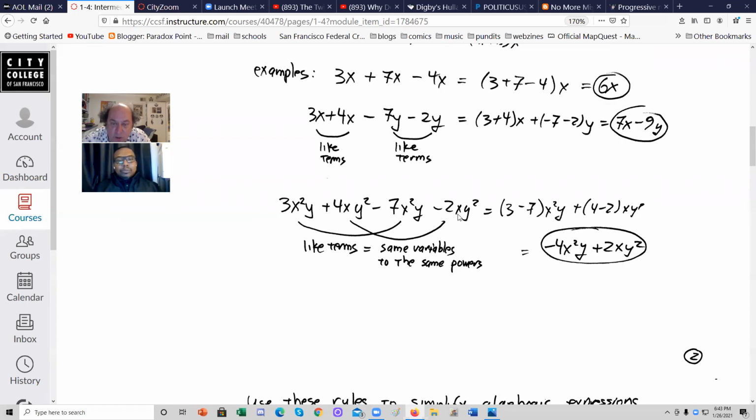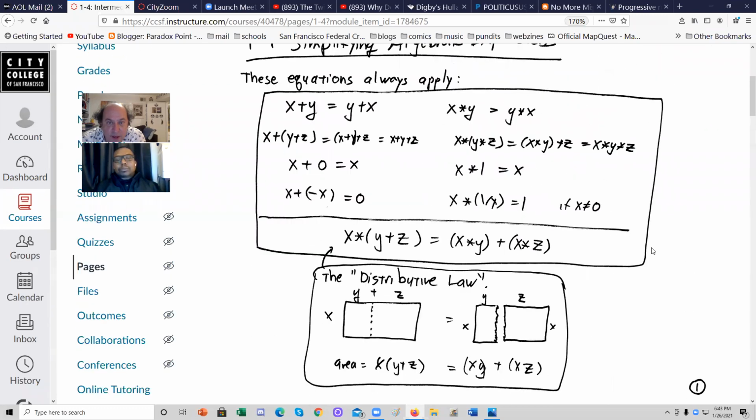They're like each other, but they're not like the other two. So we pull out an xy squared, that times (4 minus 2). So (3 minus 7) times x squared y plus (4 minus 2) times xy squared. And then, okay, it's negative 4, positive 2. Therefore, negative 4x squared y plus 2xy squared.